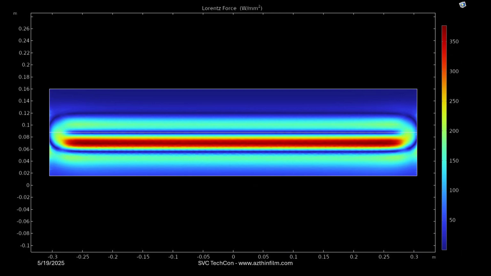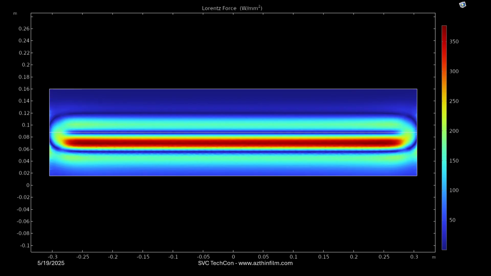And so if we unwrap it and look at the intensity, you can see the large deviation where we're going from north of 350 watts per millimeter squared on my Lorentz force to closer to 150 to 200 range on the outside racetrack.